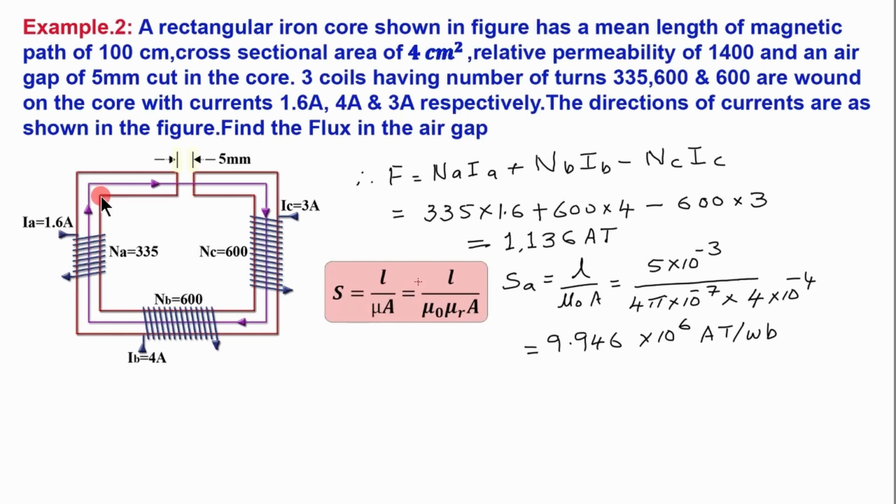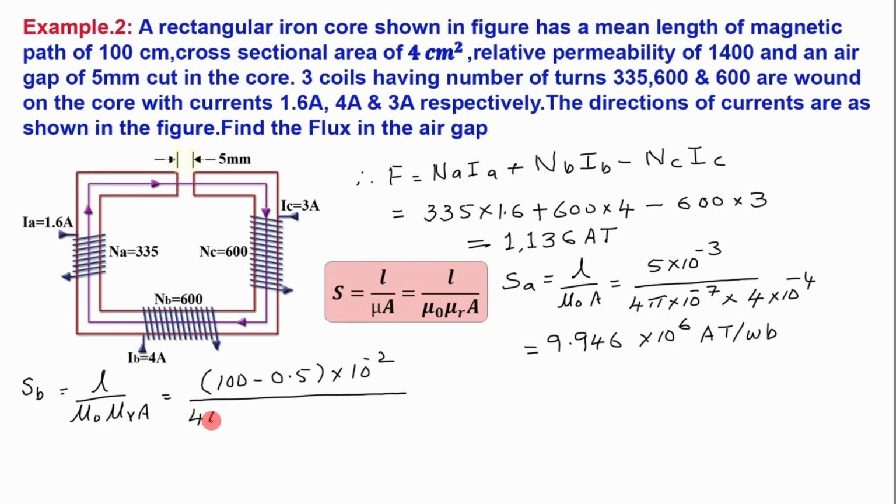So, reluctance of iron path SB is equal to L by mu 0 mu r into A. Here L is total 100 cm minus this 5 mm, that is 100 minus 0.5 into 10 raised to minus 2, divided by mu 0, which is 4 pi into 10 raised to minus 7, into mu r of iron path, which is 1400, into area of cross section 4 into 10 raised to minus 4.